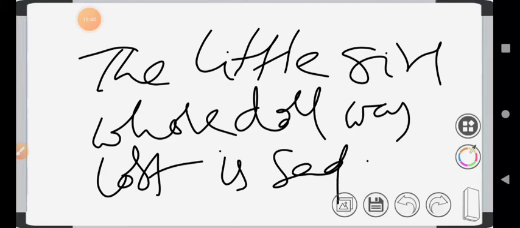The little girl is sad. In between, the little girl, whose doll was lost, is sad. Whose is possessive. Whose doll? The doll of the little girl. It is a non-defining relative clause, whose doll was lost.